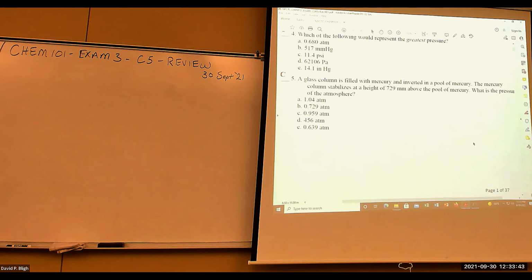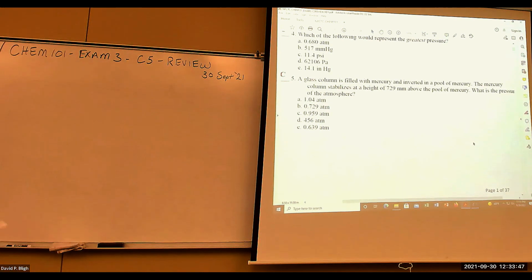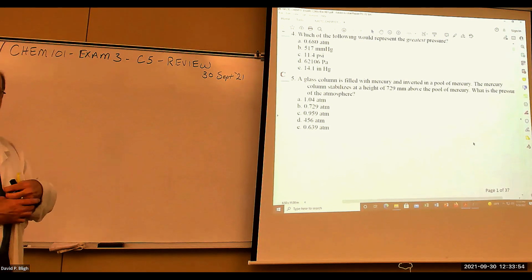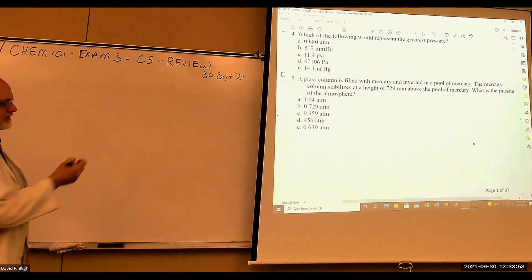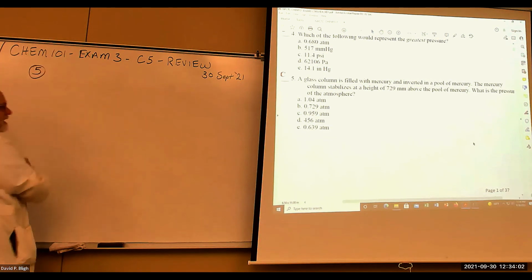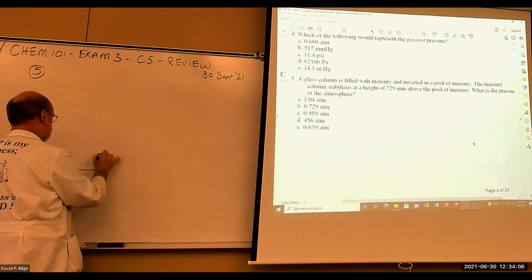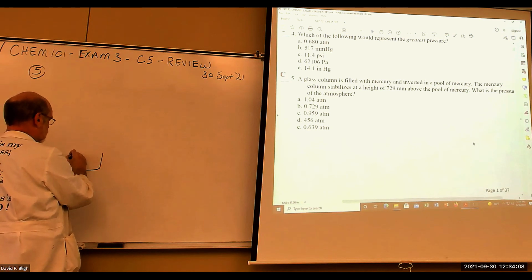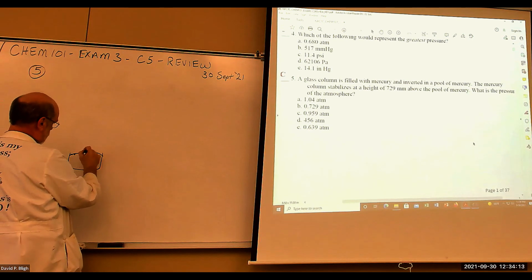Okay. A glass column is filled with mercury and inverted in a pool of mercury. Now, I assume when we do this, we don't submerge our hands. We know better now. So you've got a glass column submerged in a pool of mercury, and you've got a column here.